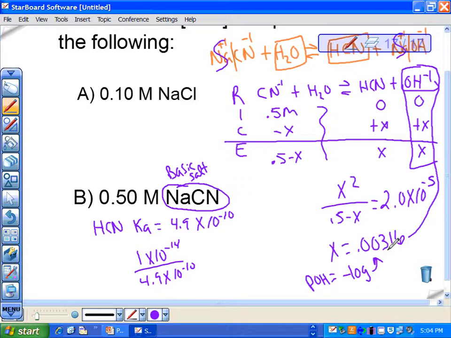So we'll do the negative log. And I get 2.5 as my pOH. So 14 minus 2.5, you'll get 11.5 for your pH. Even though that's a salt, it's got a pretty high pH. And that's how you would work a salt problem.